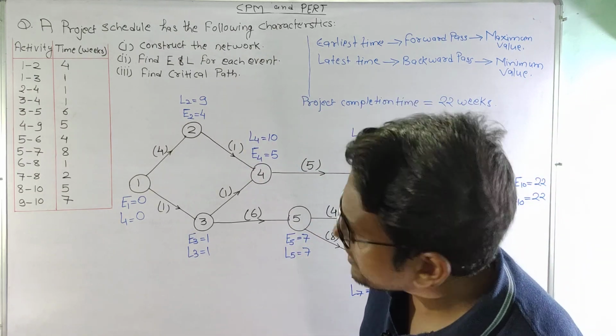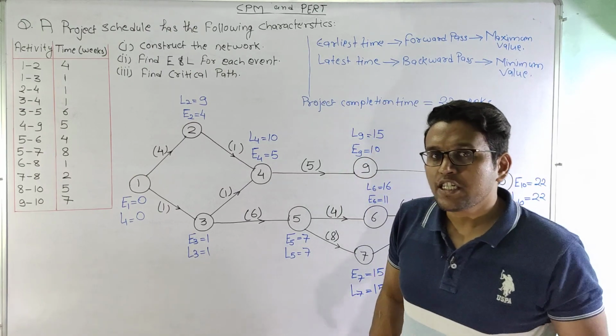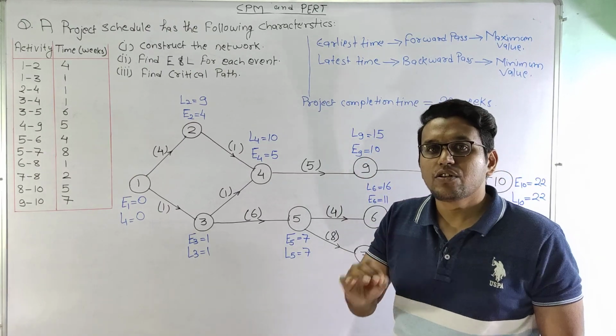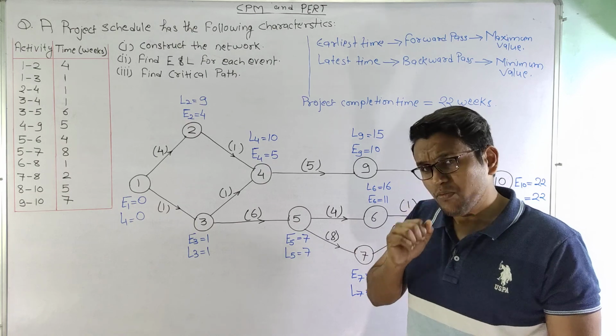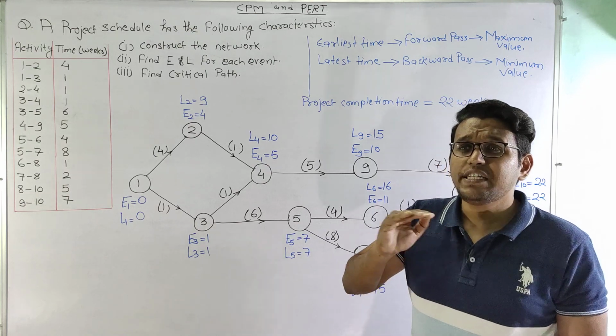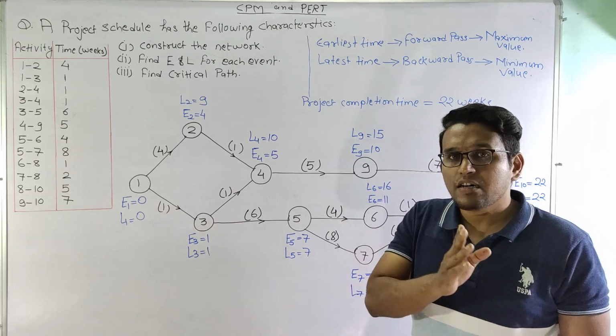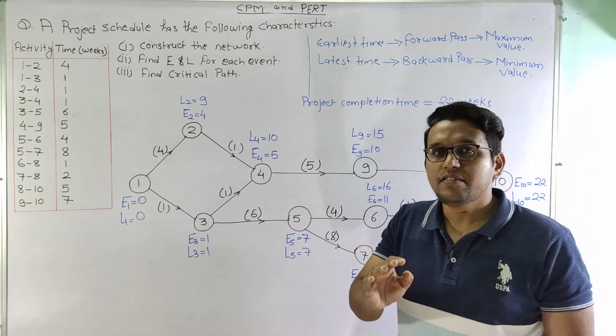Now in order to find out the critical path, we need to see at which node or at how many nodes the value of E and L are equal. That is, the earliest and the latest time is same.